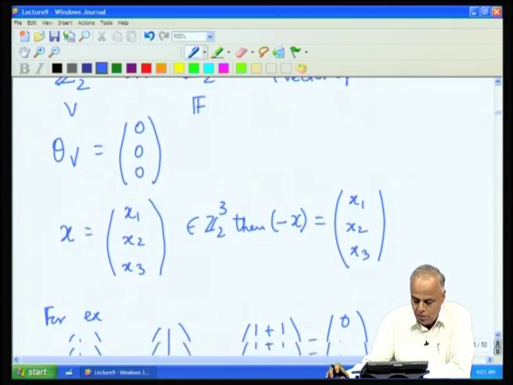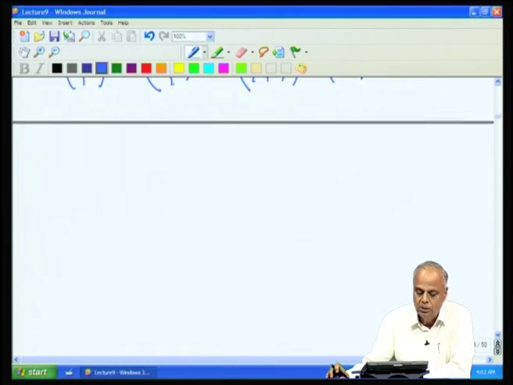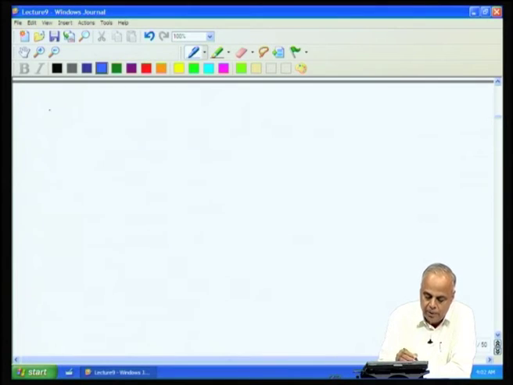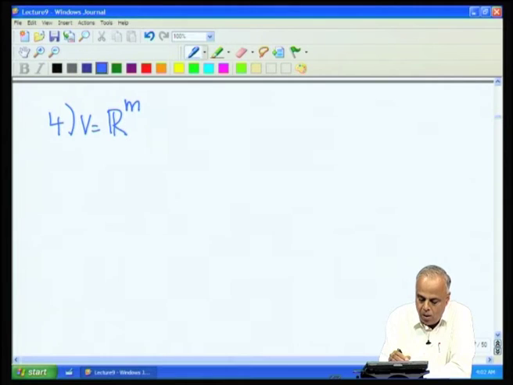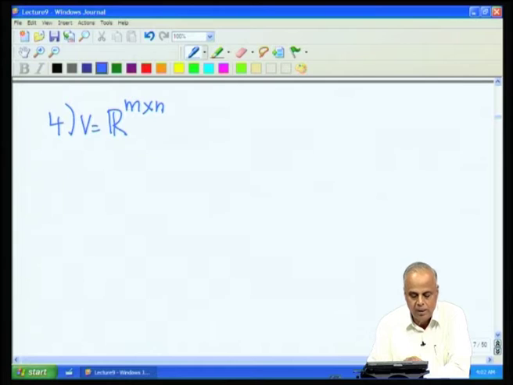Now, we will go to the notion of matrices. The next example we will look at is, let us start with R and look at all m by n matrices whose entries are real numbers.